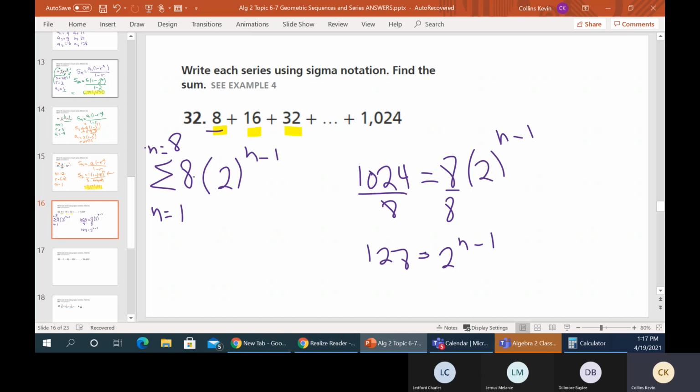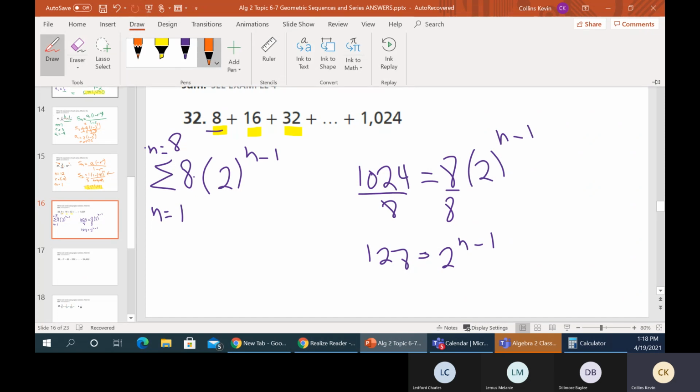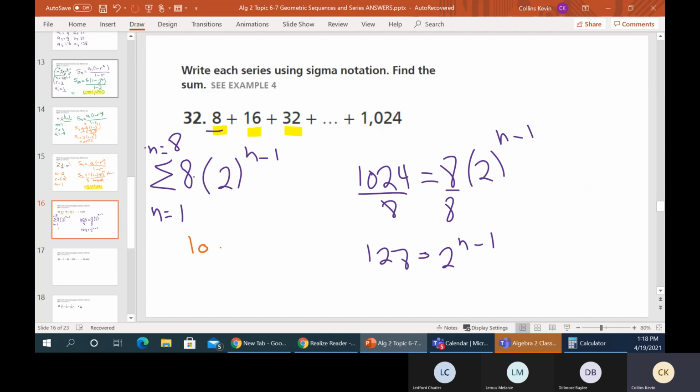All right. So if you guys remember, we were doing stuff like this before by using logarithms. Yeah, the logs are back. Time for another log jam. So we say log of 128 equals the log of 2 to the n minus 1.